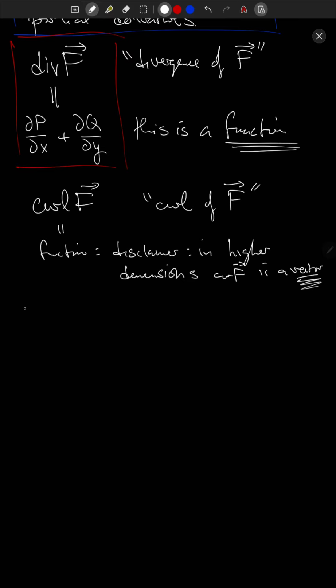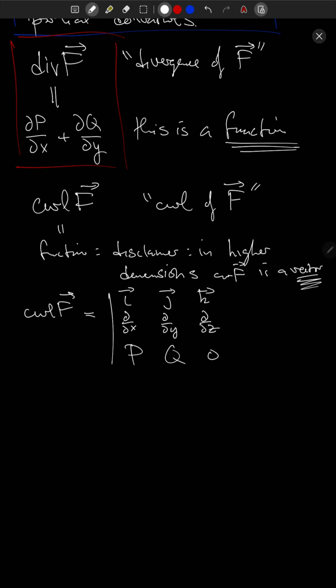Here's how you actually calculate the curl, and we can see that that's the case. So curl of F is you do i, j, k. This is just a mnemonic to help us remember how to calculate the curl. d/dx, d/dy, d/dz, and then we put P, we put Q, we put 0.